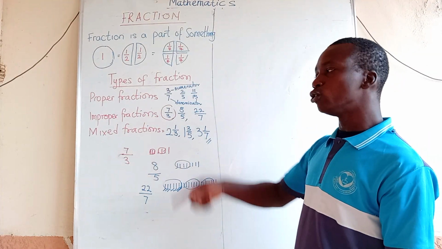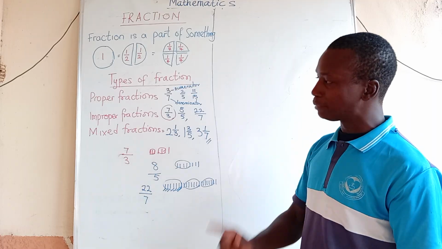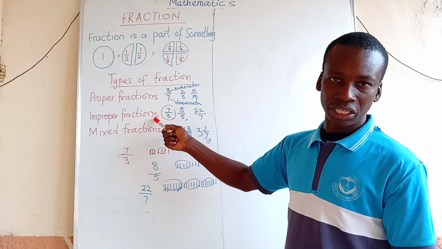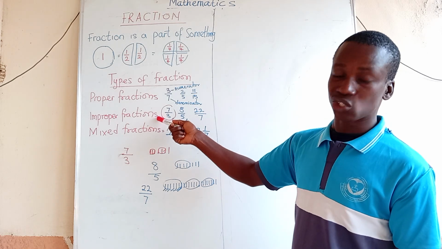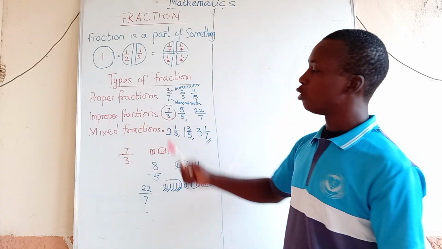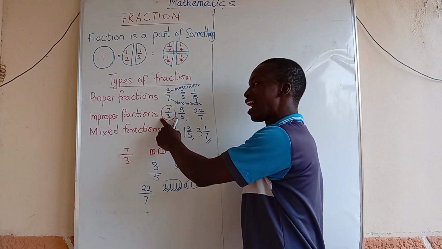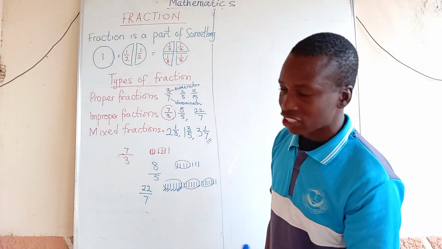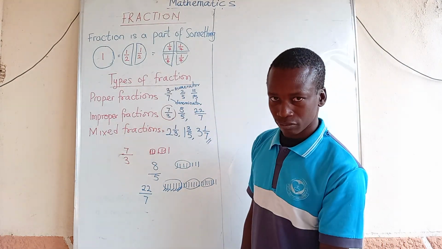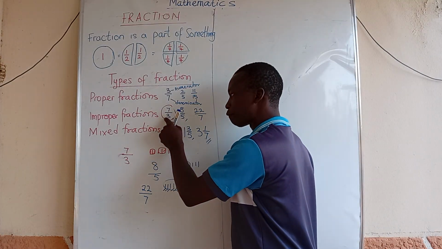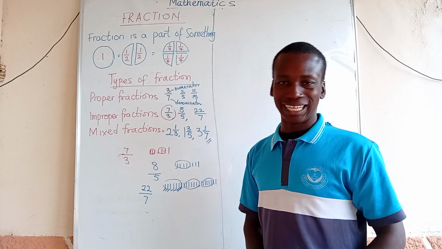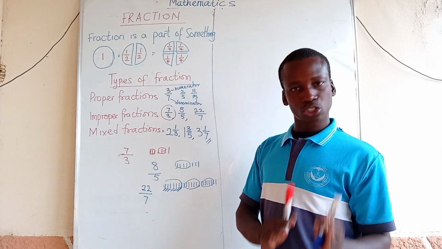You don't leave your final answer as an improper fraction. It is incorrect for you to leave your final answer as an improper fraction. So you have to be able to convert your fraction from improper fraction to a mixed fraction before you can leave your final answer as such.